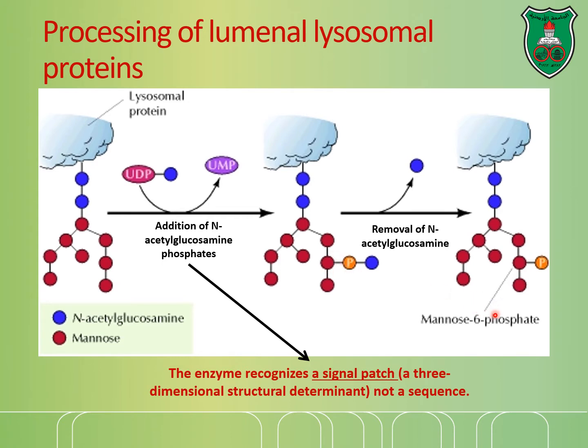So what you have here is the formation of a mannose 6-phosphate. Now, the enzyme that is responsible for this processing depends on a signal patch, which is basically a three-dimensional structure that is part of the protein itself. Okay, so it's not really an amino acid sequence. It's rather a three-dimensional structure, a signal patch.